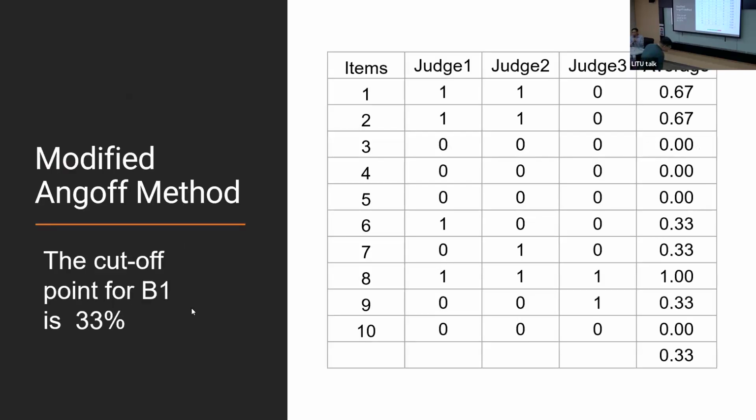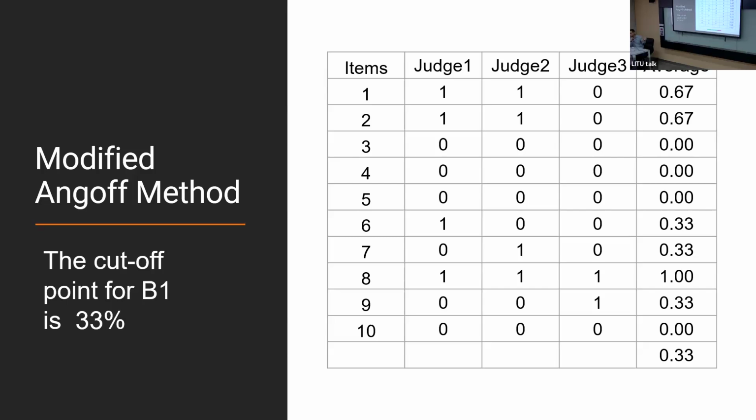So we often use the modified yes-no Angoff method. Instead of estimating the probability of getting the item correct as a minimally qualified B2 or B1, C1 and C2, you just say yes or no. If you are minimally qualified B2, do you think you'd answer this item correctly?